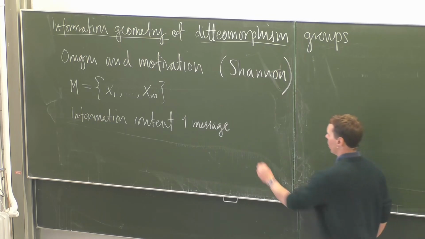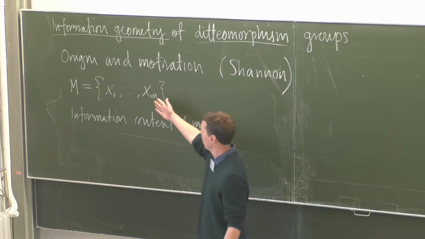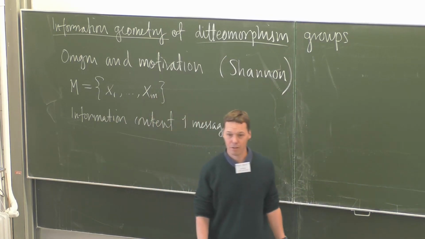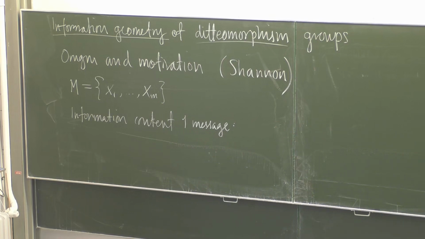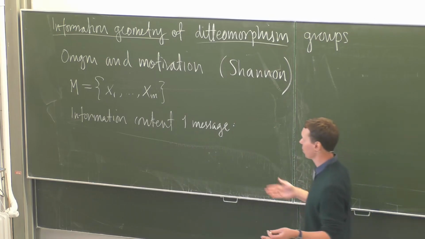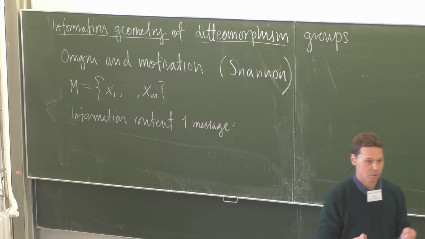The simplest choice would be to say I receive one message out of m possible messages, so the information I receive is m. If m is large, then I receive a lot of information if I get a message. If m is not so large, I don't receive so much.